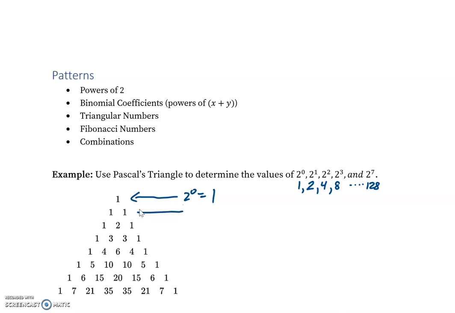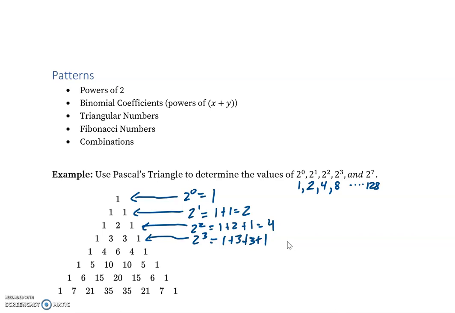Our next one, 2 to the 1st, well, if we add up these 2 numbers, 1 plus 1, sure enough, we get what we assumed 2 to the 1st was going to be, which was 2. 2 squared, if I add up these numbers, 1 plus 2 plus 1, we're going to get 4, which of course is what we expected. And 2 cubed, we're going to add up 1 plus 3 plus 3 plus 1, so we end up getting 8, which is, again, what we expected.